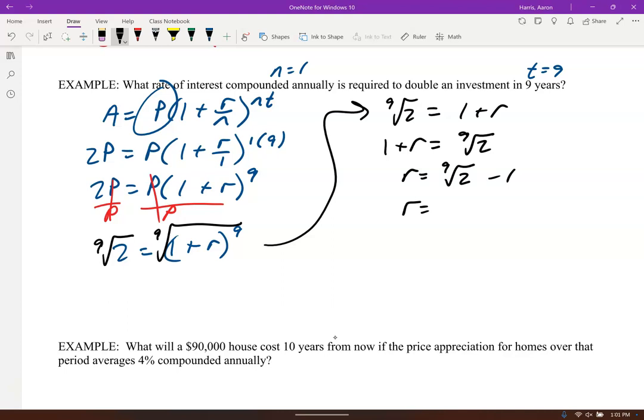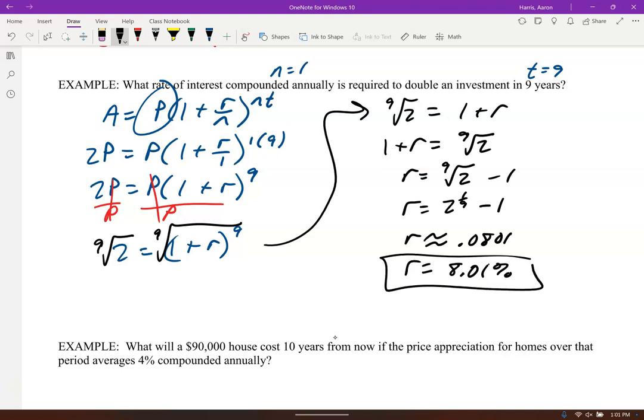So 2 to the 1/9, you can punch it in this way, minus 1. Or 0.0801, which is 8.01%. So if you have 8.01% with an annual compound, you'll double your investment in 9 years. That's what this is saying, right?